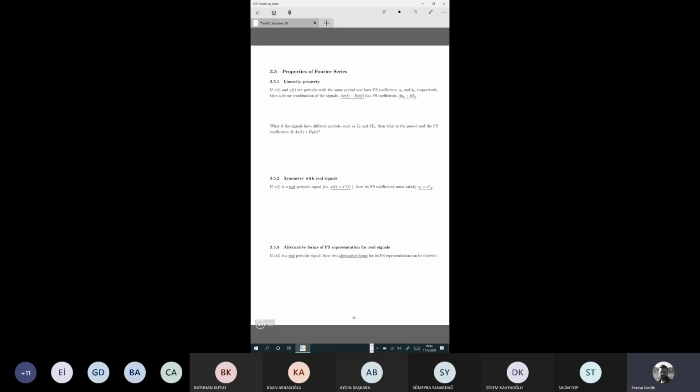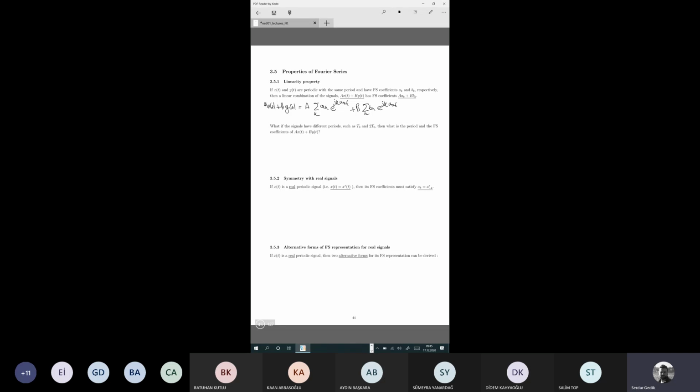Before I start, I will prove all of those properties by using the standard Fourier series expansion summation, the synthesis relation. So first write a times x(t) plus b times y(t) is equal to a times the summation over k of a_k e to the power j k omega_0 t, plus b times the summation over k of b_k e to the power j k omega_0 t.